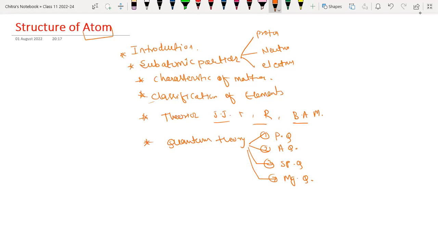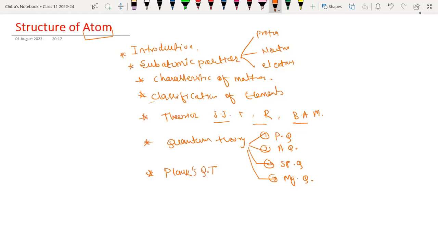Then we will discuss electromagnetic radiation related to the quantum theory, which is given by Planck. So we can say Planck's quantum theory.